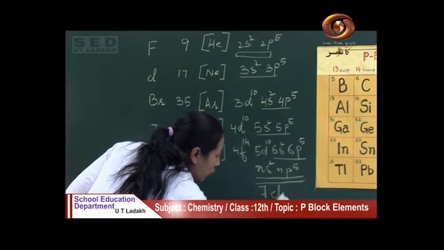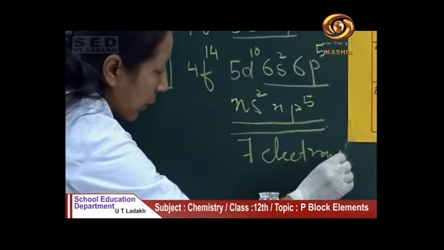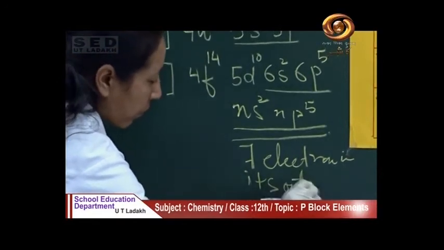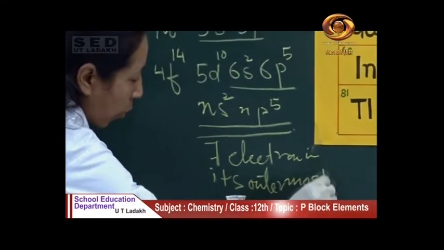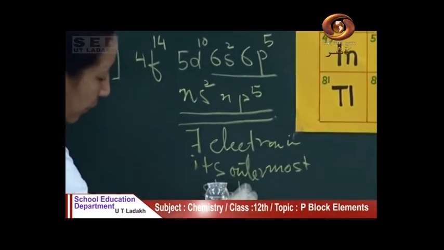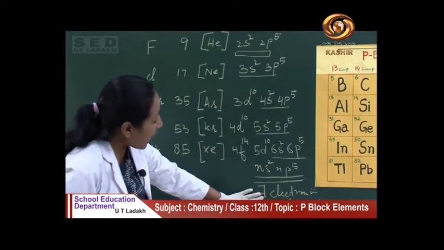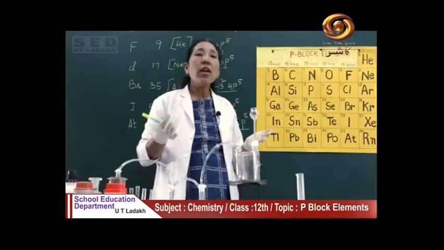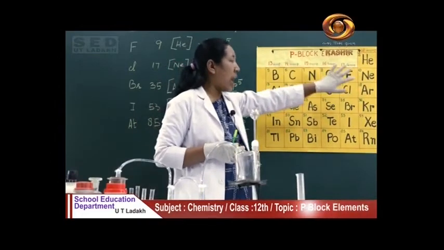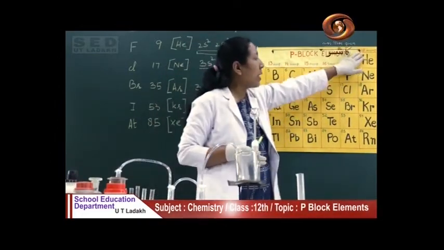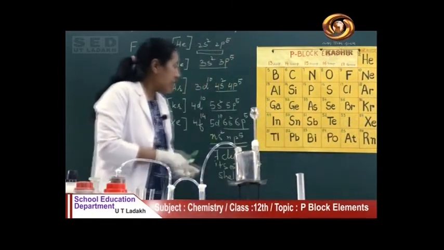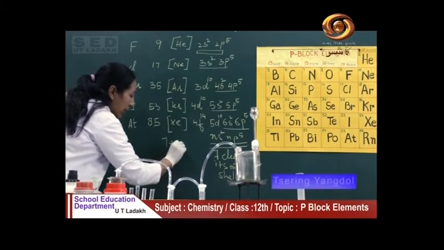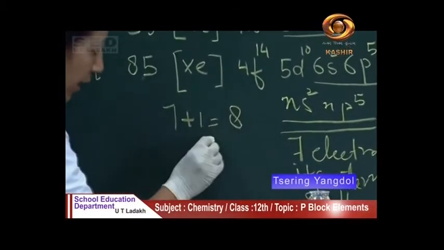Halogens have the capacity to take one electron from a neighboring atom to attain the noble gas configuration. Means if a halogen gains one electron, it forms a noble gas configuration.